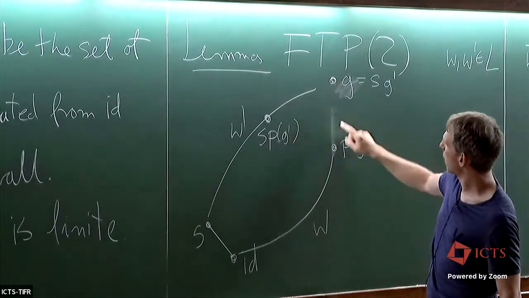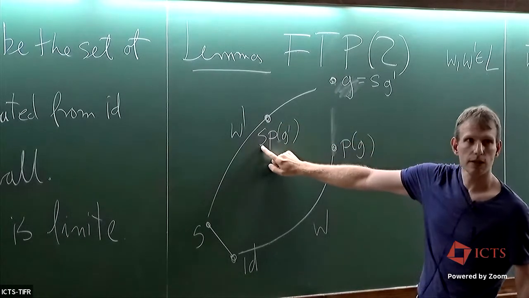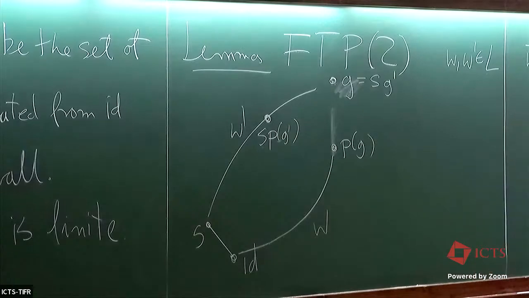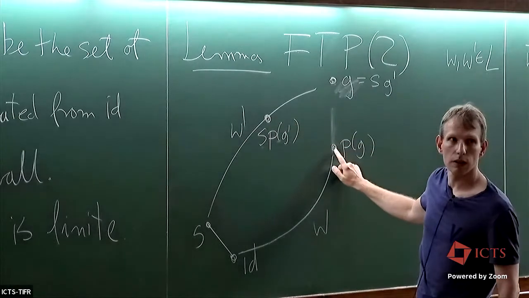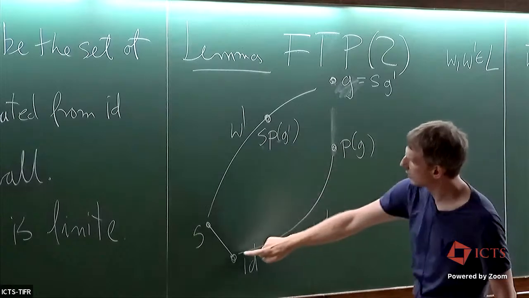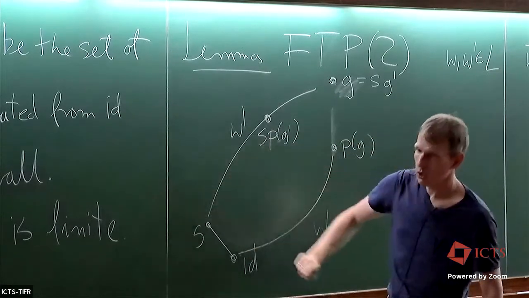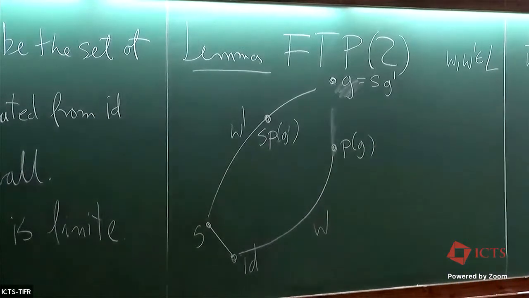Here we are bound to go through P of G, and here we are bound to go through S times P of G prime. And it might be that for some time, these two vertices are equal. It might be that even though we project this G towards identity on one hand and towards S on the other, these projections are still the same and there is no difference in the paths drawn on the left. So let's assume that we are at the moment where there is a difference.